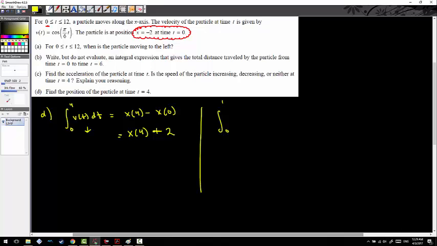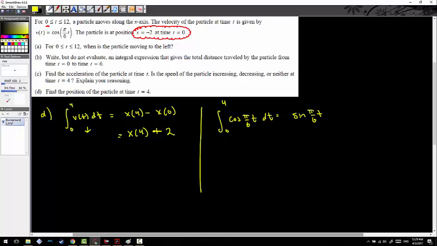If I integrate from 0 to 4 of cosine of pi over 6t dt, well, what do I get? The antiderivative of cosine is going to be sine of pi over 6t. But if I were to take the derivative of this again, I'd have to account for the chain rule, which would kick out a second pi over 6.